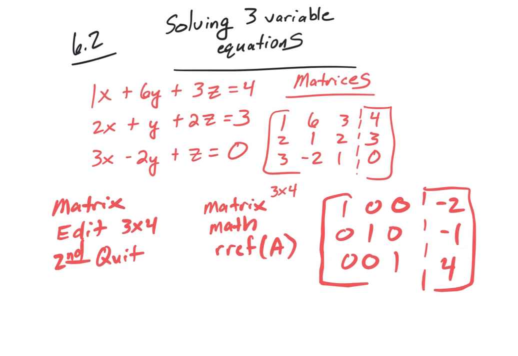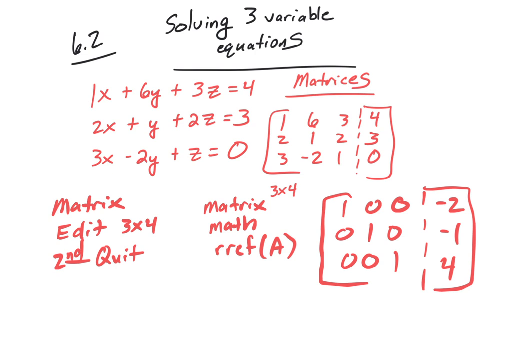Now, over here on the left-hand side, this is what we call reduced row echelon form. That's what RREF stands for, reduced row echelon form. You're gonna have a diagonal of 1s, and everything else is gonna be 0s.